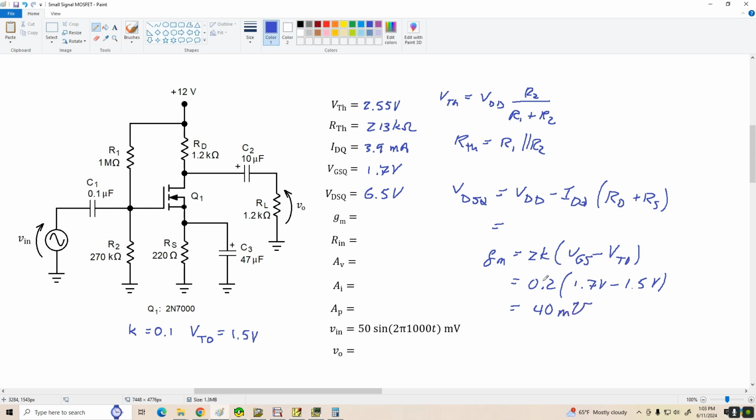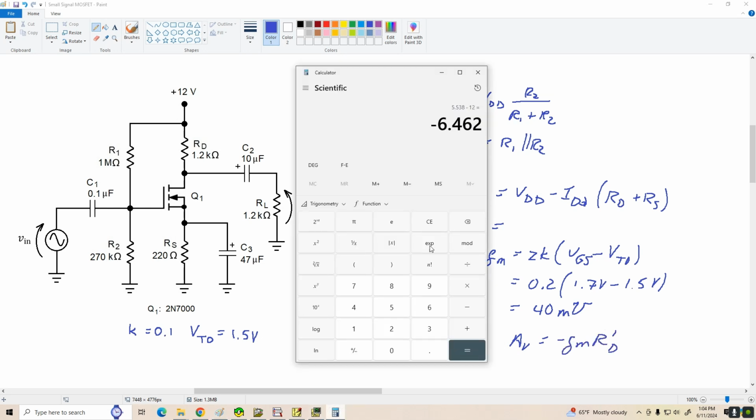Okay, we've got 0.2 times 0.2, which is 0.04, 40 millimhos. Our input resistance is equal to RTH, the Thevenin resistance, and that was 213 k ohms.